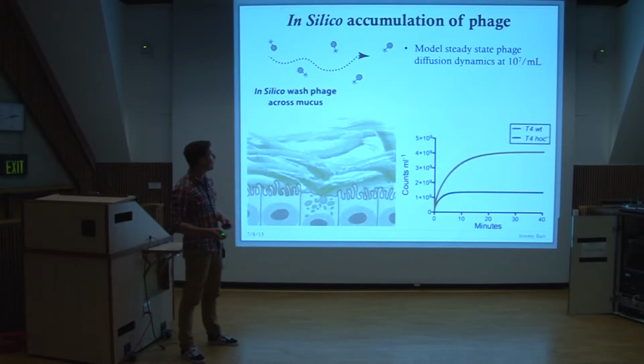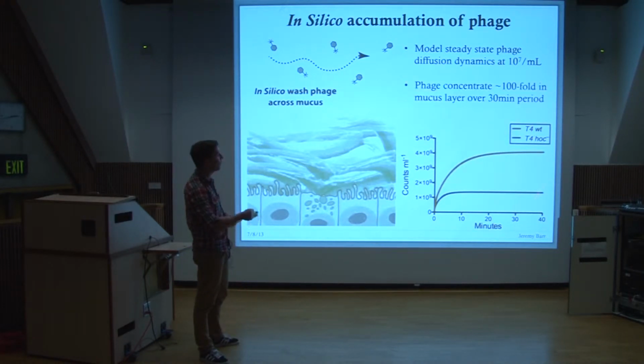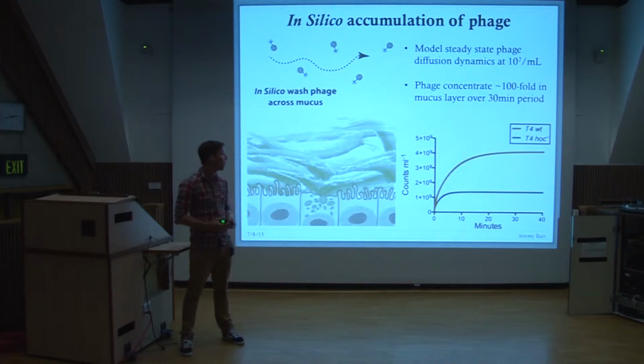And what we actually find is that quite rapidly you have an accumulation of both the wild type and the Hoc knockout phage. Over a period of about 20 to 30 minutes, they hit this steady state accumulation. But you do notice roughly a 100-fold increase in the phage, and there is a preferential increase in those wild type phage sticking to that mucosal surface.